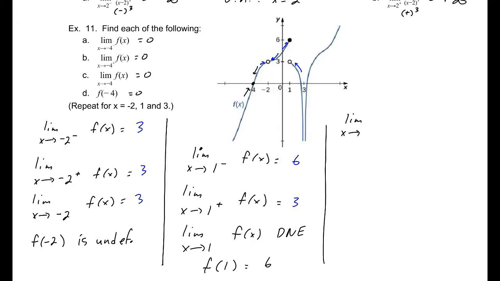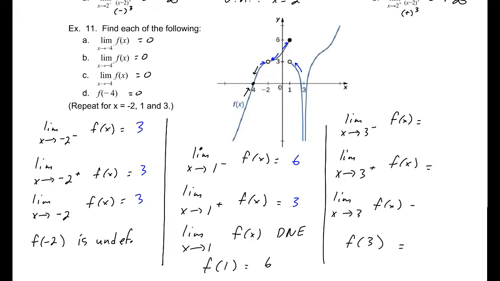Last one of these, we're approaching 3 from the left of f of x, the limit as x approaches 3 from the right of f of x, the limit as x approaches 3 of f of x, and f of 3. All right, well, as we come from the left at 3, it appears we are approaching negative infinity.